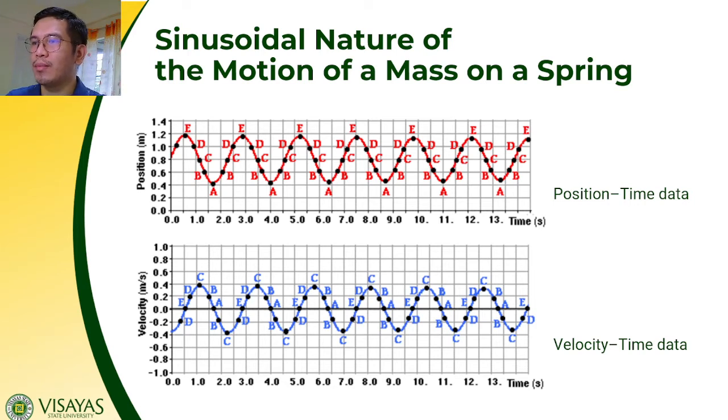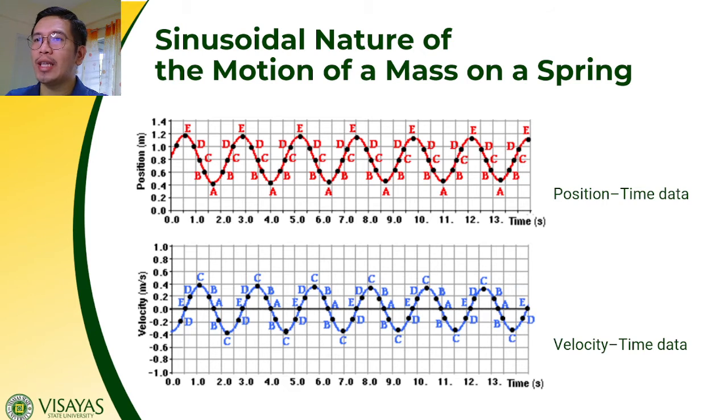As we can recall from that discussion, positions A and E were positions at which the mass had a zero velocity. Position C was the equilibrium position and was the position of maximum speed. If the same motion detector that collected position-time data were used to collect velocity-time data, then the plotted data would look like the graph that is colored blue.